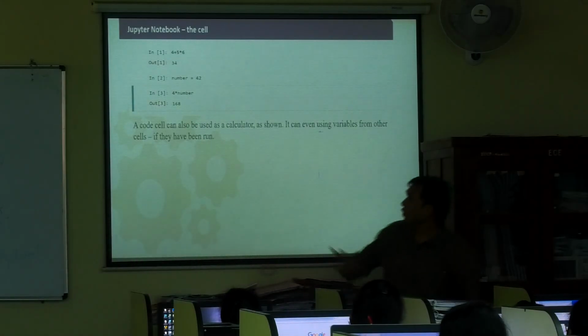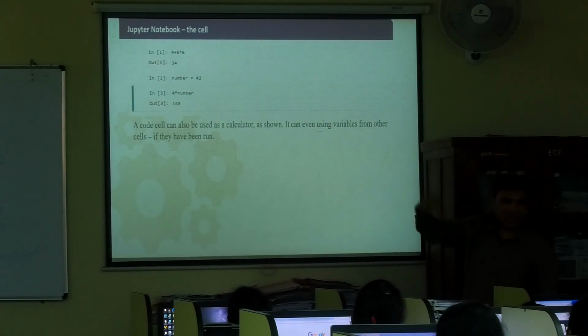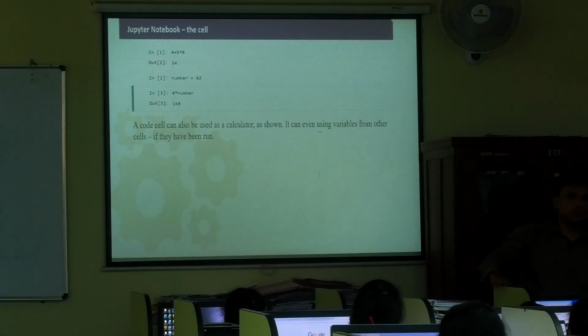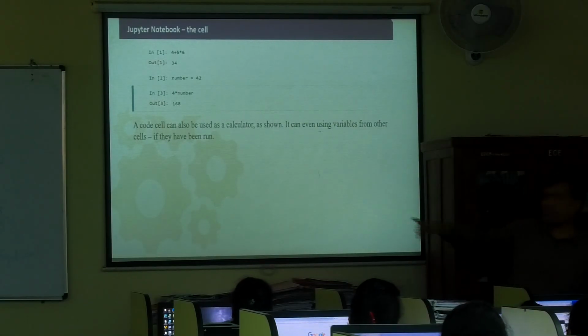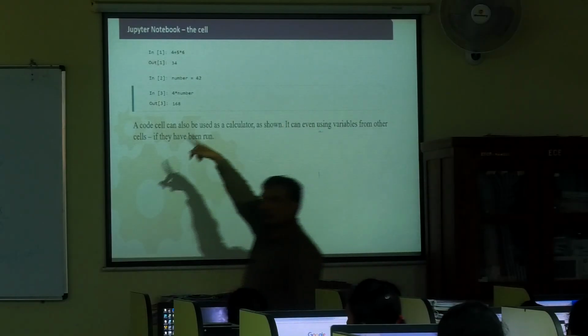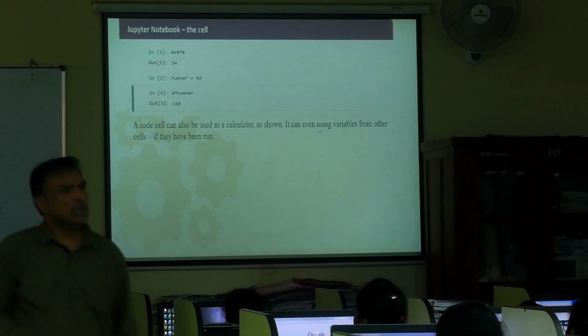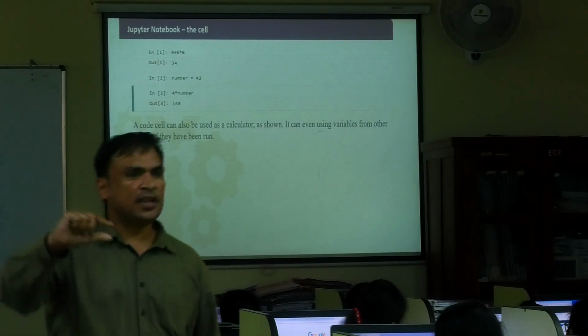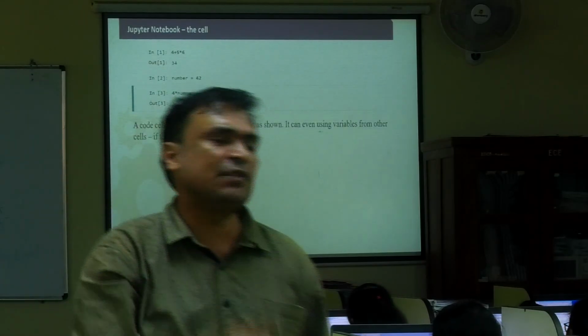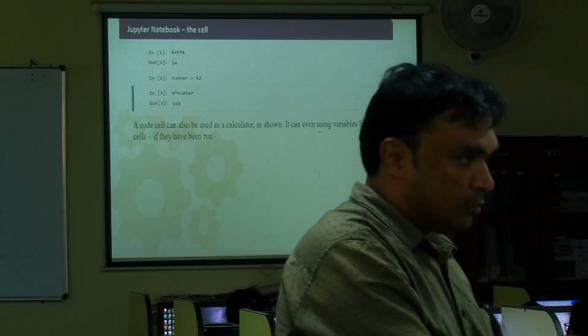A variable. 42 into 3, the output will be displayed. Like in MATLAB, where you give a command 4 into 4 and the output comes. So likewise in the cell, multiple commands will be written. 4 into 4, 4 into 4 into 4, all outputs will be displayed in the output cell. Input cell, output cell. So multiple cells will be created to execute the Python code.